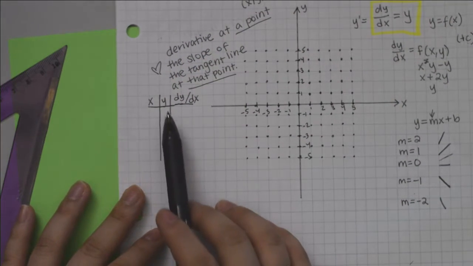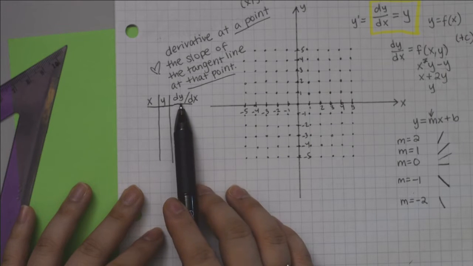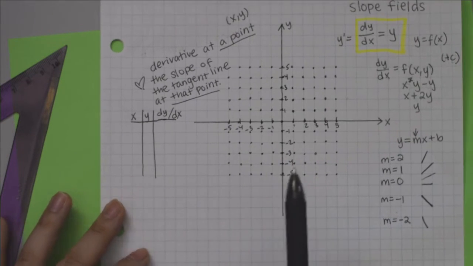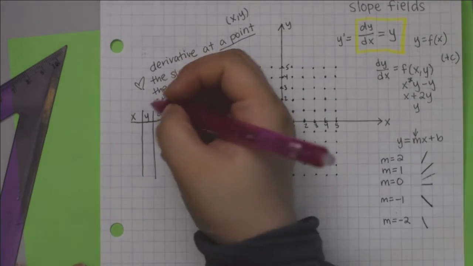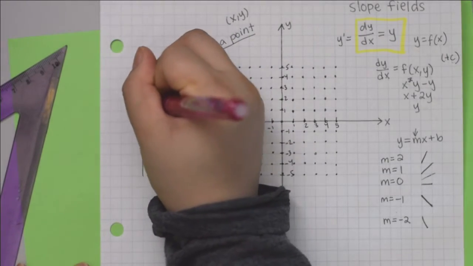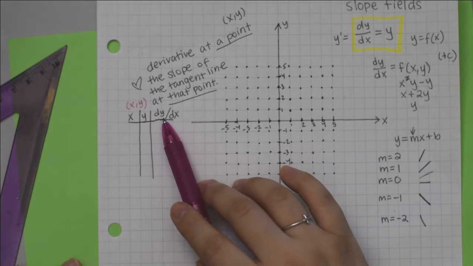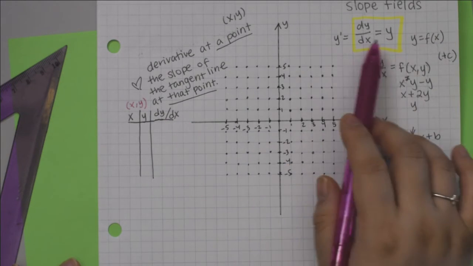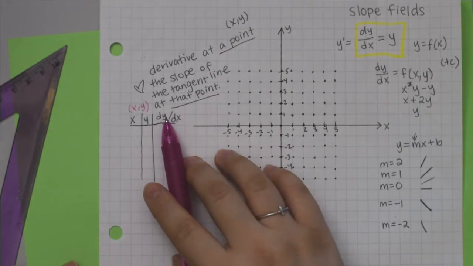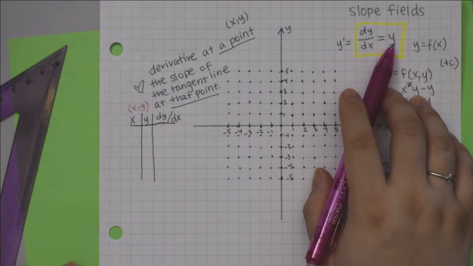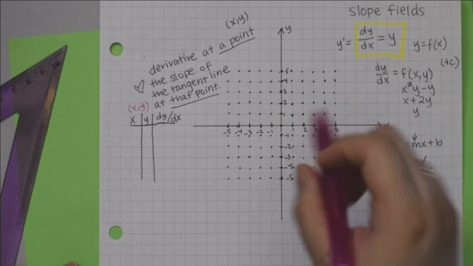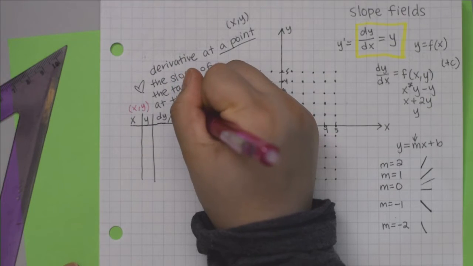So my table is going to have x, y, and then dy/dx. The x and y together make up my point, right? Remember, they're ordered pairs. And my dy/dx is going to tell me the slope. And this slope is going to come straight from my equation. So in this case, it's equal to y.